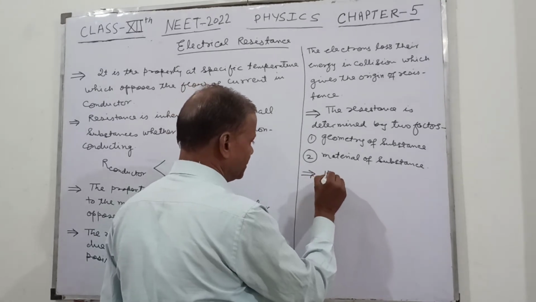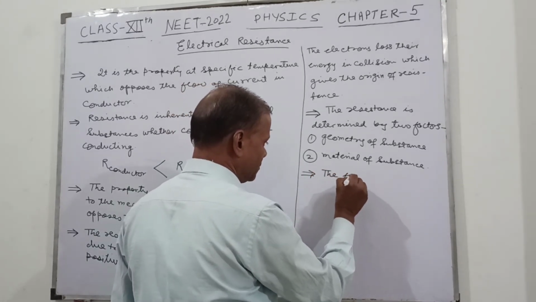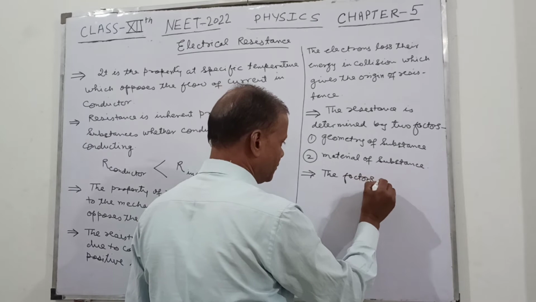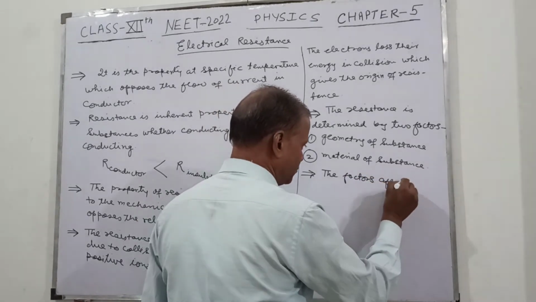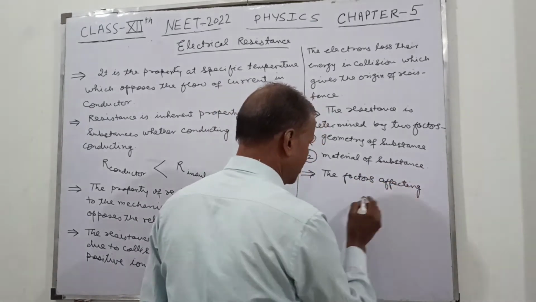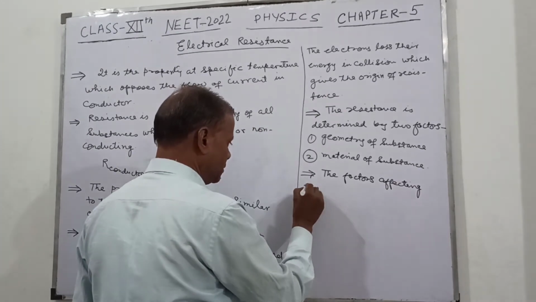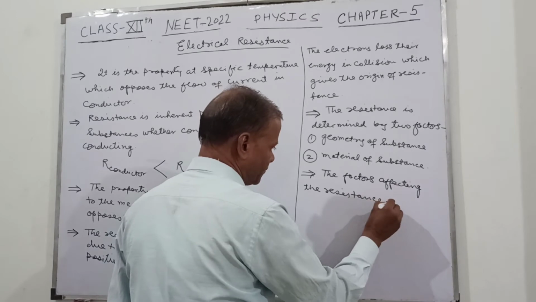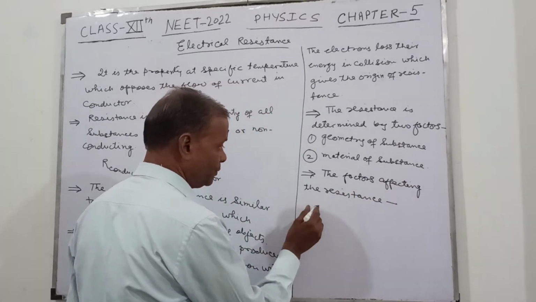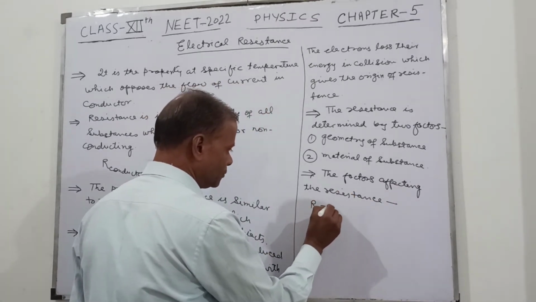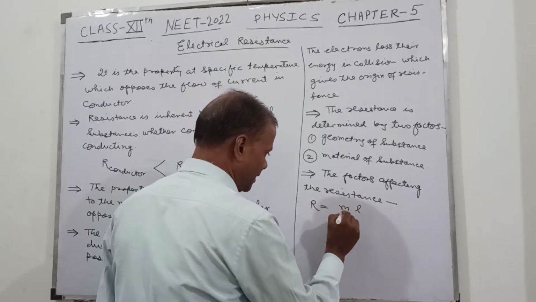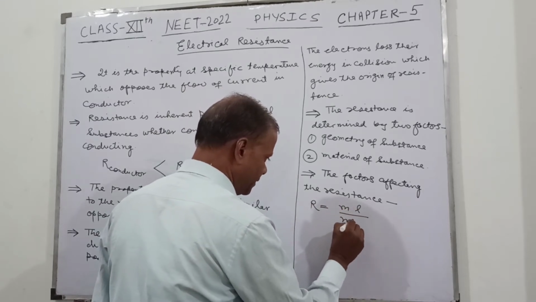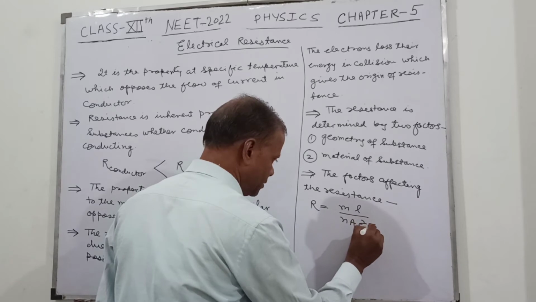The factors affecting the resistance. Now we have R is equal to m l upon n A e square tau.